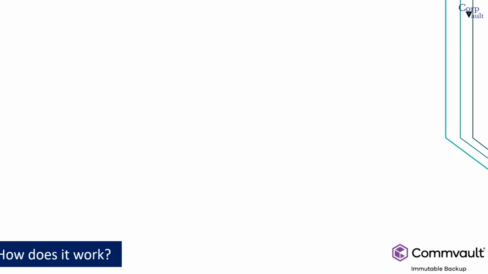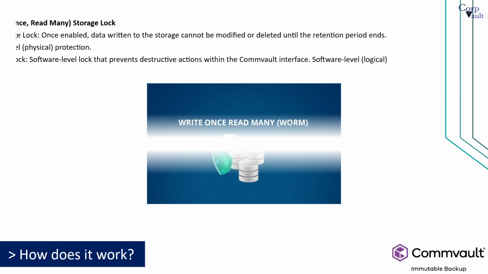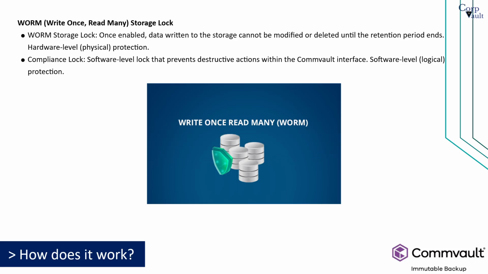How does the immutability mechanism in Commvault work? Commvault uses WORM (write once, read many) storage lock and compliance lock. Once WORM storage lock is enabled, data written to the storage cannot be modified or deleted until the retention period ends.